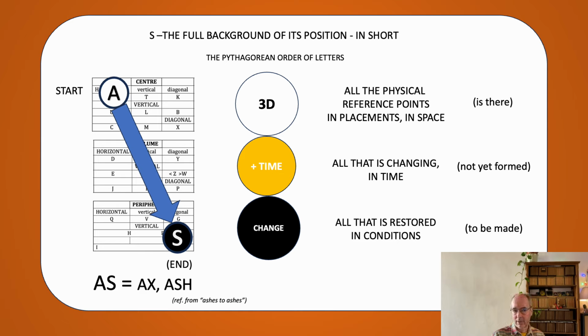It's in formation. It is going somewhere, but it needs some time. And the last one, that's the conditions that go back to how it should be. It's what is still to be made. So that is the orientation that we have, the associator we have, that we can use.